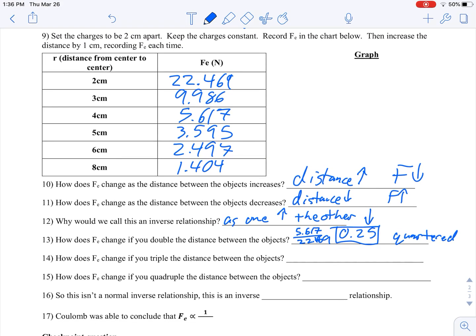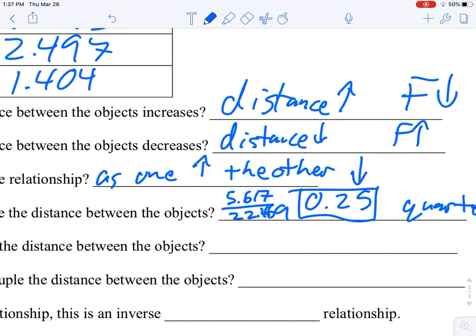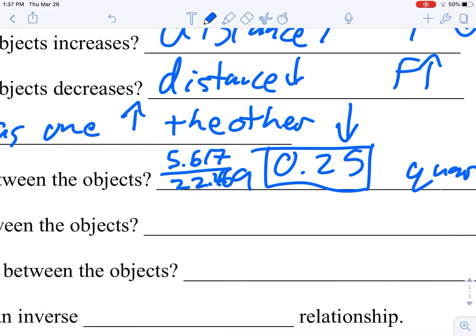What happens if you triple the distance? So we have some options here. Actually, I don't know if we have options. I think we only have one. We can compare 2 centimeters to 6 centimeters. So again, I'm going to do 2.497 divided by 22.469.